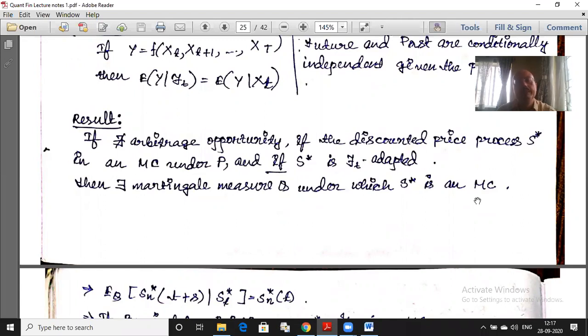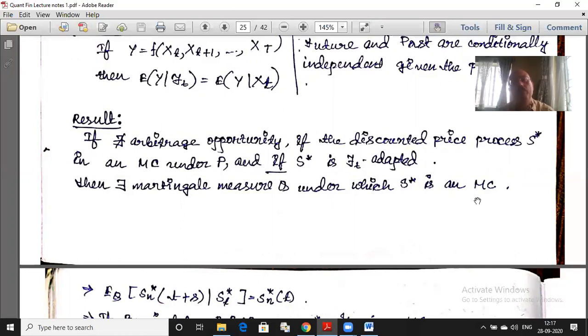So what I am saying is, I start out with an FT adapted, discounted stock price process, which is a Markov chain under P. Then the result is, if there are no arbitrage opportunities, then A star is also a Markov chain under a suitably defined Q. So I can always find a martingale measure Q under which A star will be a Markov chain.